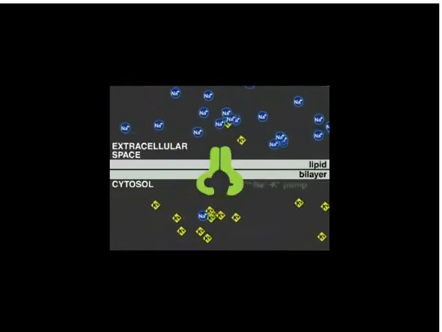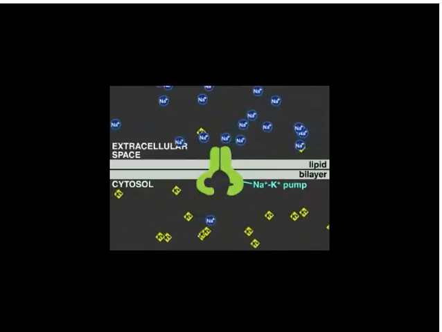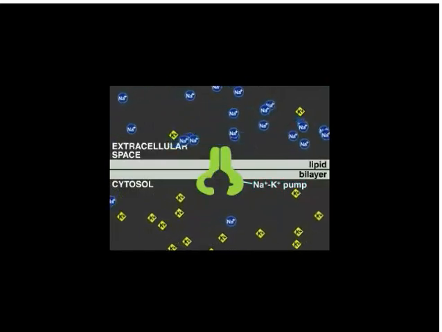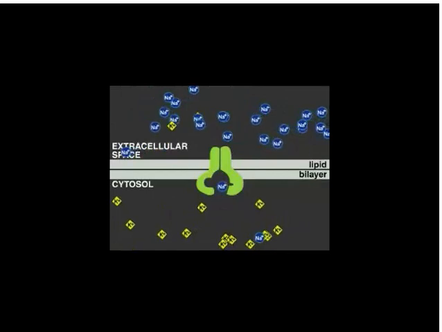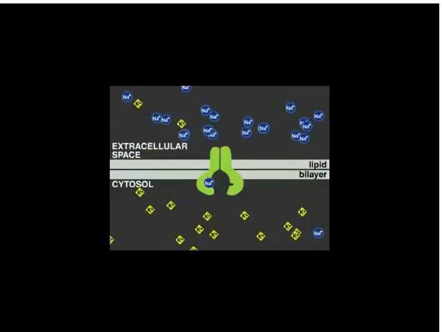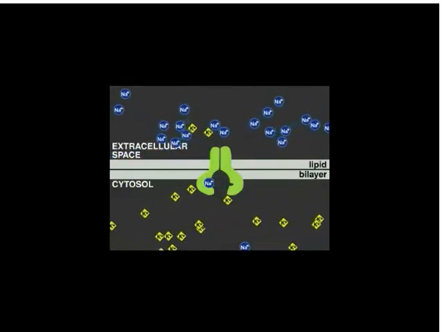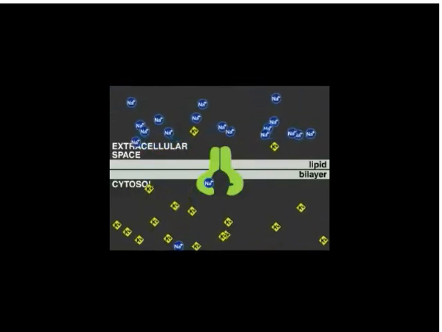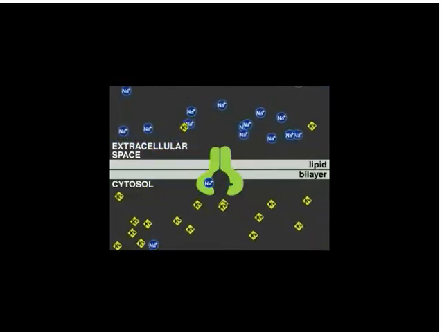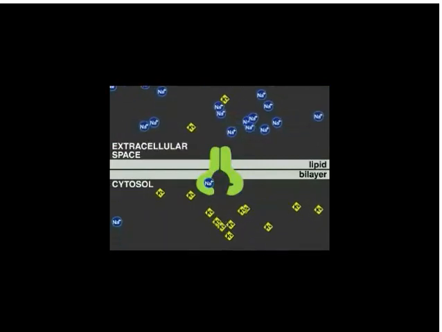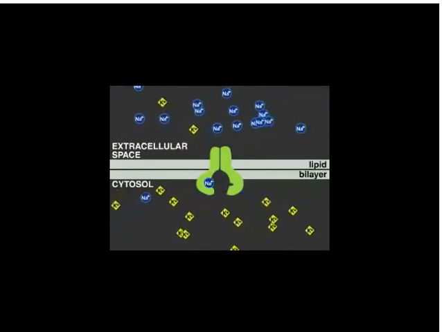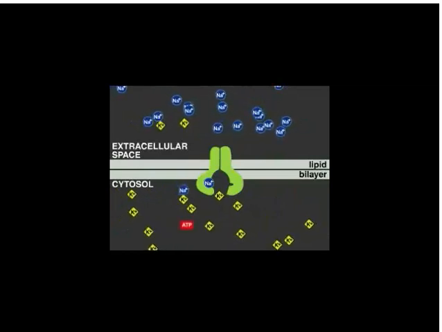Animal cells use a membrane pump, called the sodium-potassium pump, to maintain these ion gradients. To begin the pumping cycle, sodium ions enter binding sites on the cytosolic side of the pump. Although there are 3 sodium binding sites on this pump, for simplicity only one is illustrated here. Pumping sodium against its concentration gradient requires energy, which is provided by cleaving ATP.